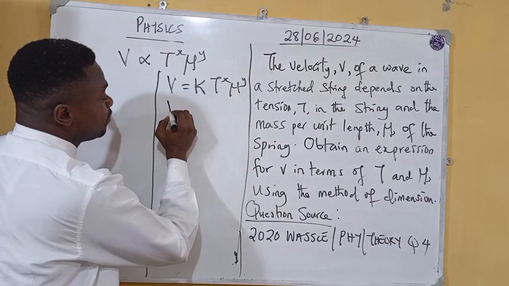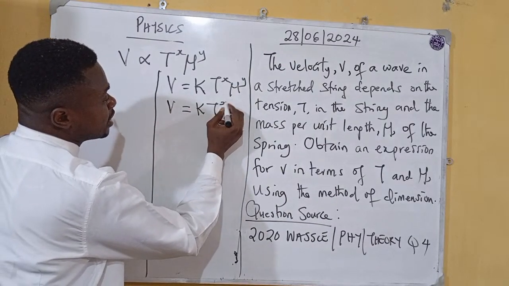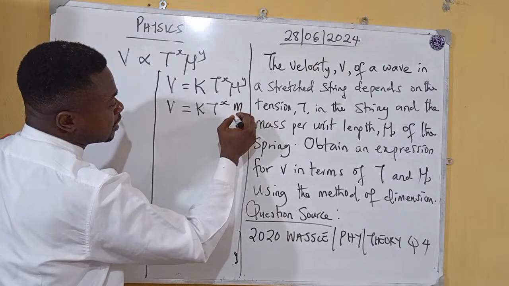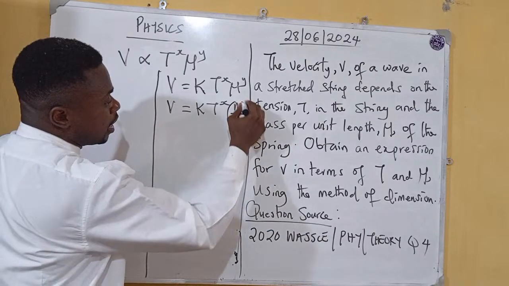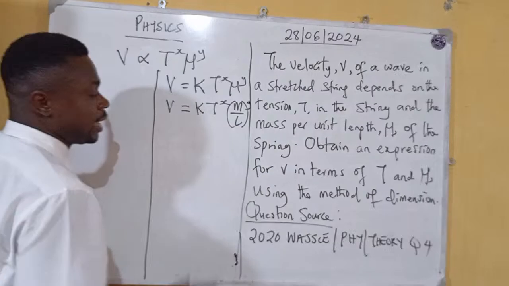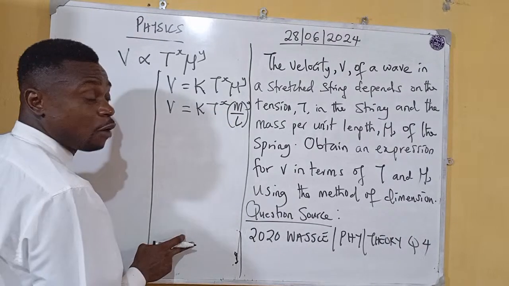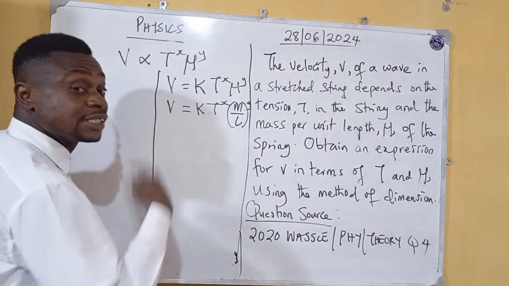We have that velocity is now equal to K times T raised to power x, then mass per length, mass over length, raised to power y. Remember that this T is tension, so it's a force.